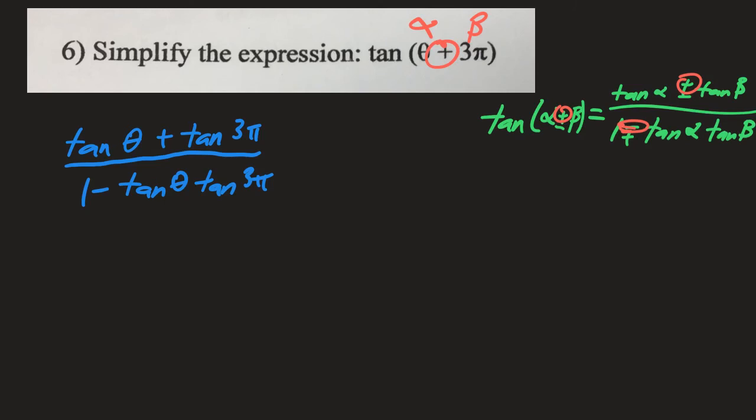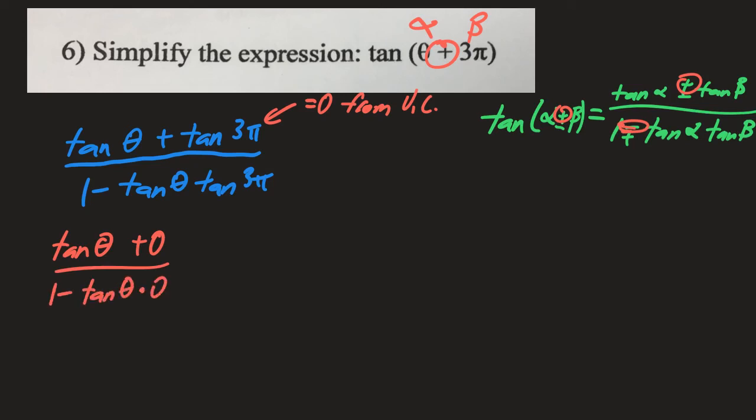Tangent 3 pi is equal to 0 because of the unit circle. And we can plug in the 0 for those locations. So we'll have tangent theta plus 0 over 1 minus tangent theta times 0.